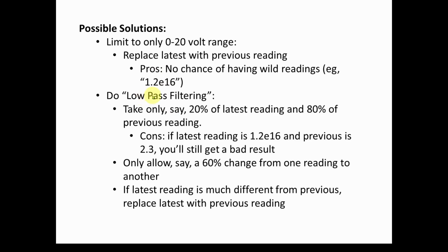You could also do what we've talked about in other videos on this channel in data acquisition, called low-pass filtering. That's some code where you take only, say, 20% of the latest reading and 80% of the previous reading and add them together to get 100%. So let's say I've got one reading of 2.1 and the second is 3.5. I'm not going to totally trust the 3.5.